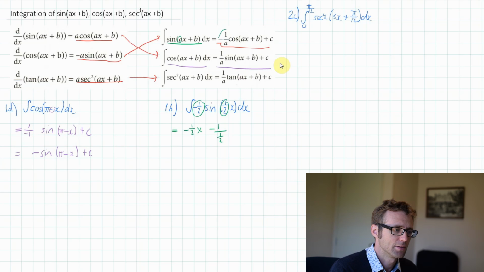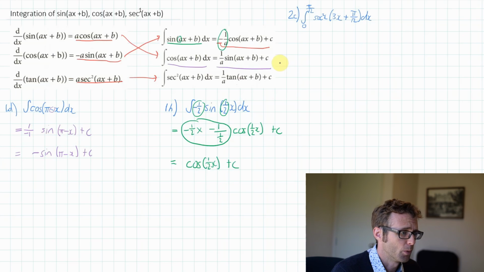So what I've done here is minus 1 over 1/2, which is just going to be minus 2, multiplied by cosine 1/2 x plus c. Here I've got a minus times minus, so that's going to be a positive. Half times 1 over 1/2, which is 2, so it's going to be just 1. So our final answer will be cosine half x plus c.